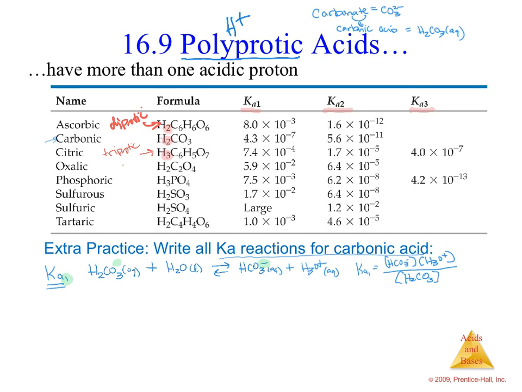Now let's look at Ka2. For Ka2, I start with the acid, or the conjugate base that I just produced. So I start with this species right here.